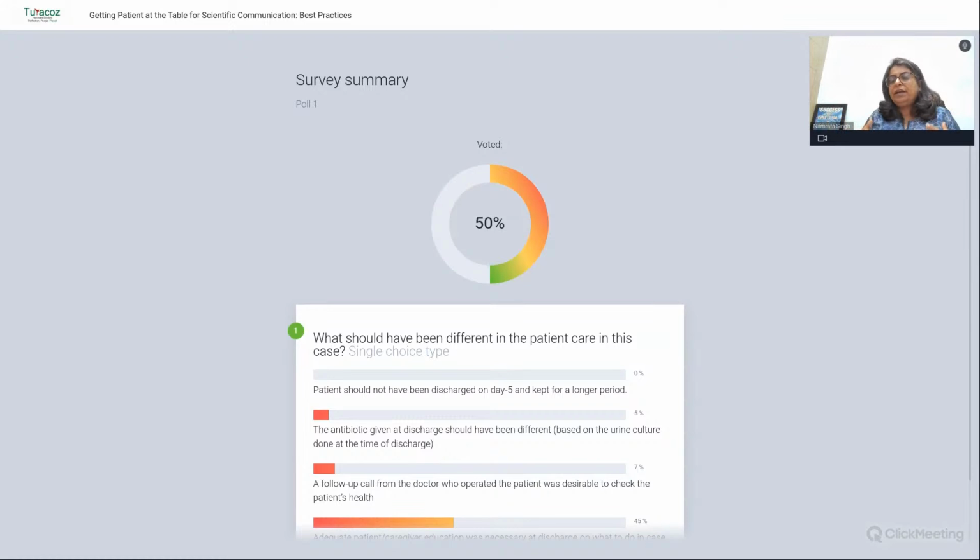The number one option I would definitely consider is adequate patient and caregiver education, where whatever is necessary at discharge and what care she had to take while she was at home should have been conveyed to her, or to the caregivers looking after her, so that they would have been better prepared and better equipped to deal with this.